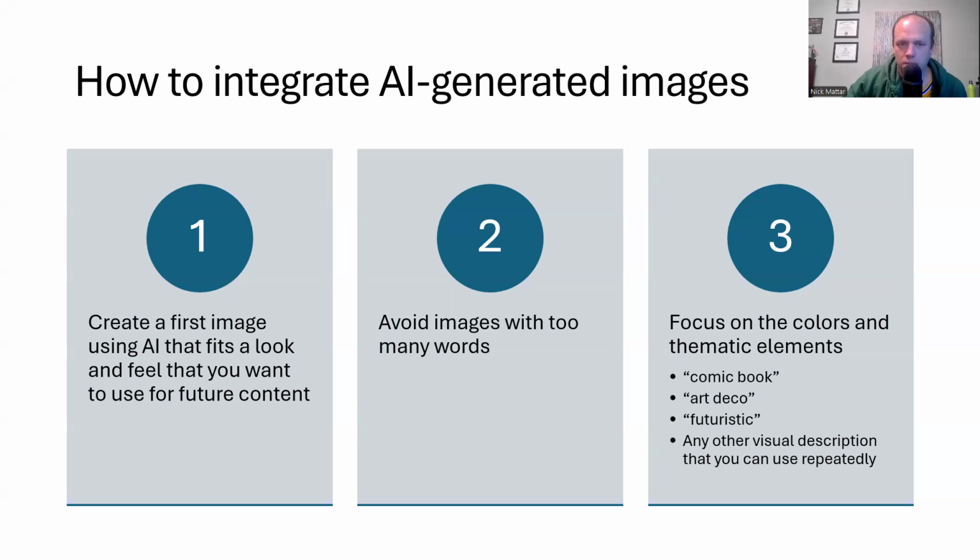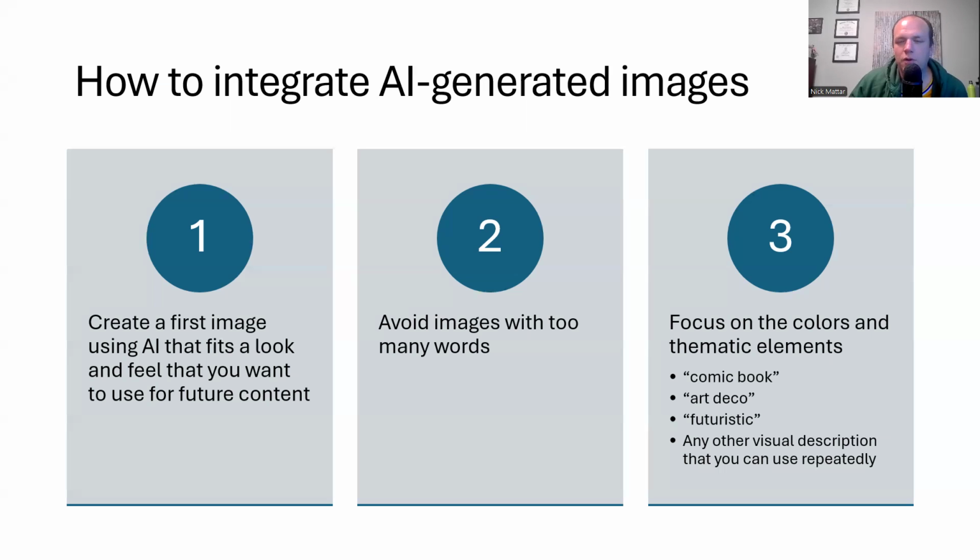First, create one image with AI for something, for a blog post, for a social media post, and make sure that it's exactly how you want it to look. If I create other versions of this with other content, this needs to be something that will work. You want to avoid images with too many words, because words are very hard for AI to replicate or even type out.